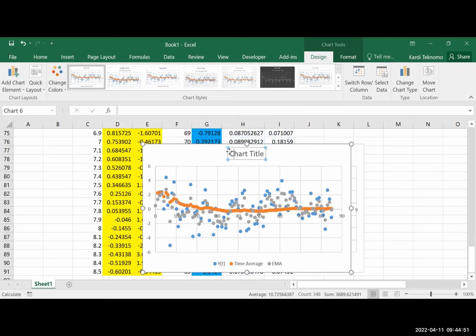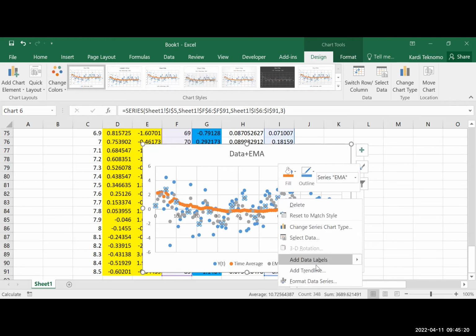So in here, I will have EMA, data plus EMA. So this is the time average, and that is the EMA. Let's change this EMA into line.